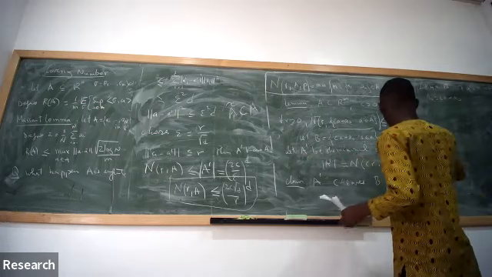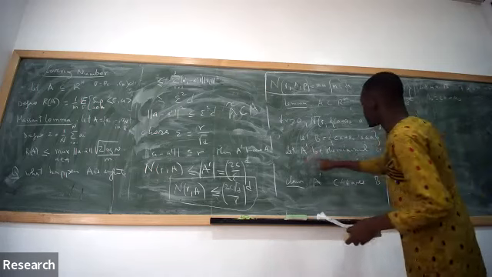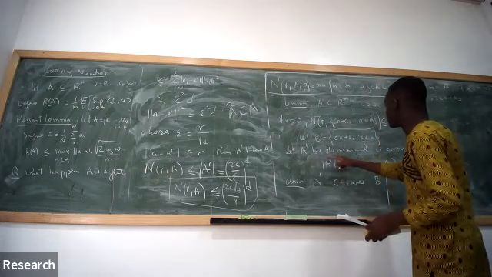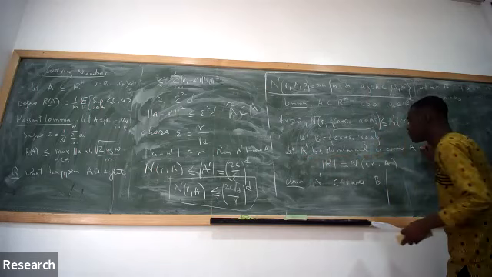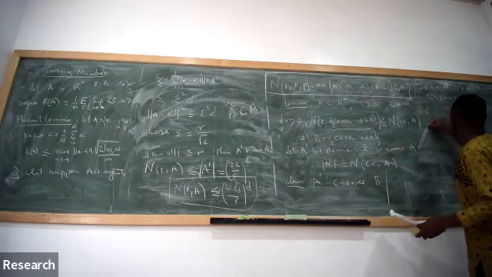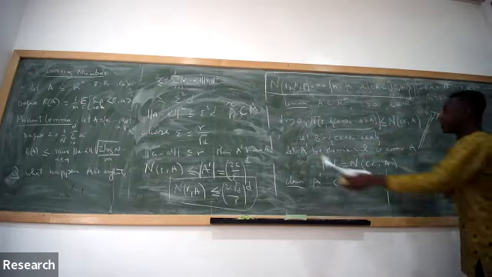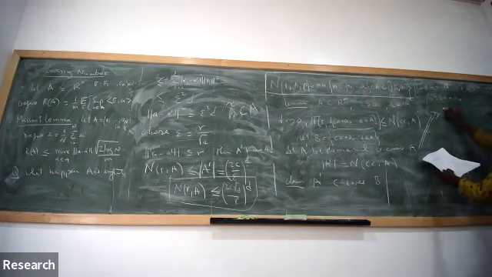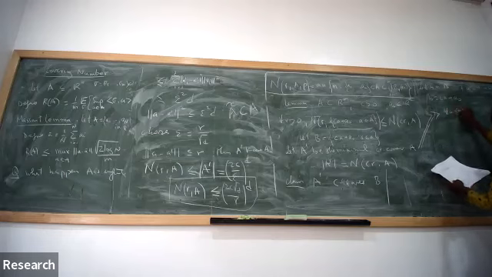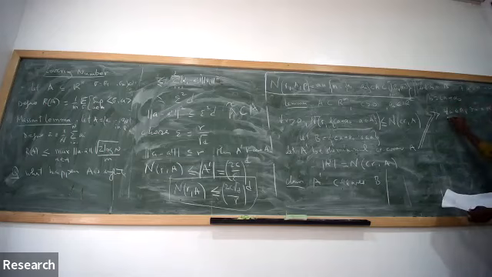From this, we already assumed at the beginning that A prime is the minimal set that covers this. So this simply implies that for every a in A, there exists a prime such that the norm of a minus a prime is less than or equal to R over C. That's the implication.